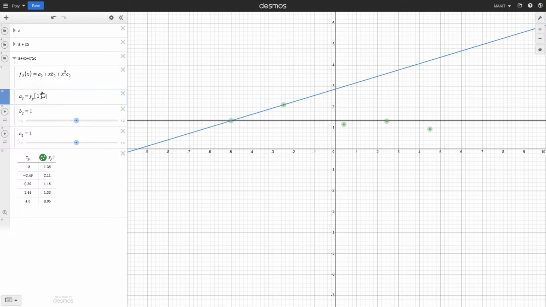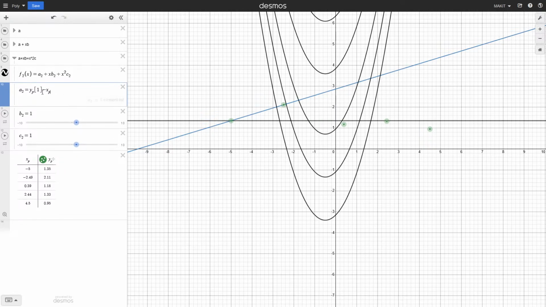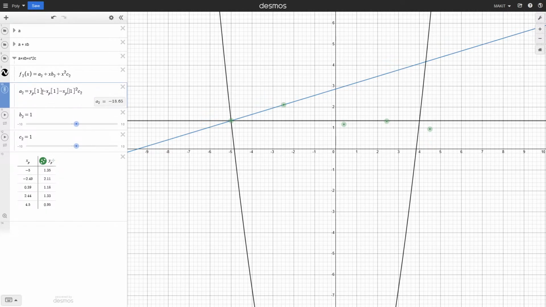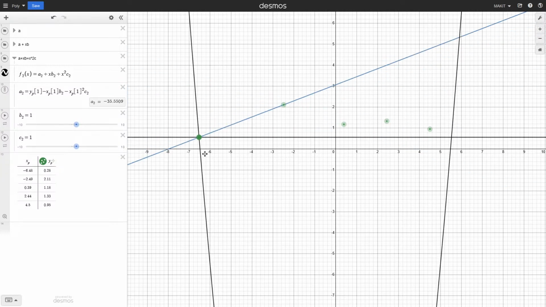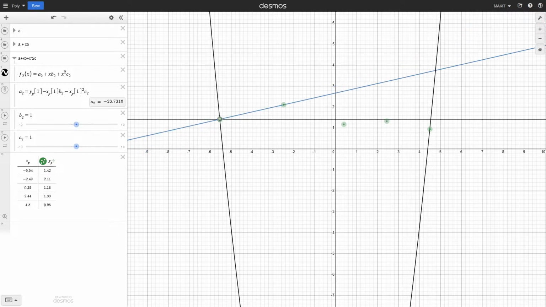This minus x1. Actually, there will be more x's, so I feel like I should copy x. x1 minus x1 squared c2. And this one should be b2. Great. And now we have this bound to a single point. It's time to bind it to more points.